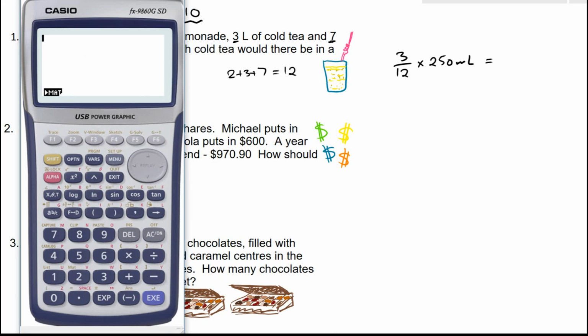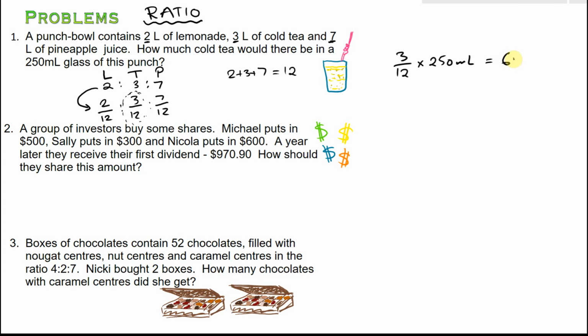Okay, so 3/12 times 250 will give us 125 halves, which if we use this FD button we'll change that to a decimal, so 62.5 mils. 62.5 mils will be cold tea.